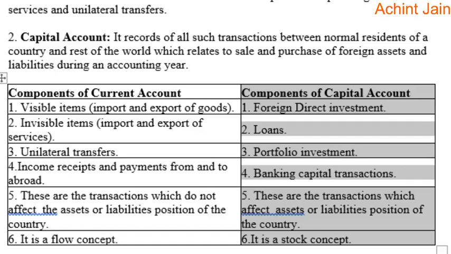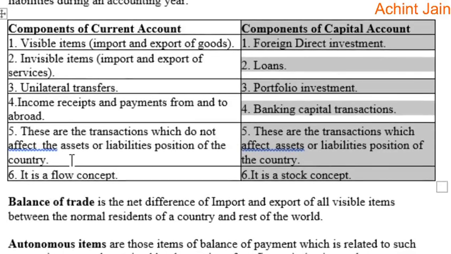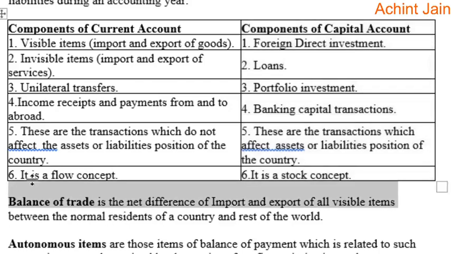Other than that, if you look at the difference between the current and capital account, the first difference is that the current account is a flow concept, but the capital account is a stock concept.